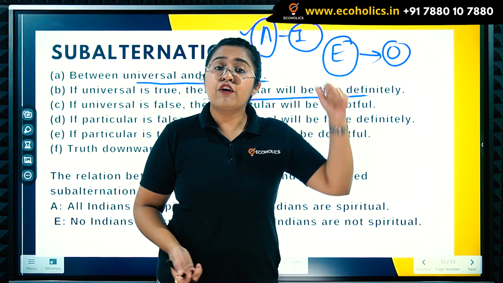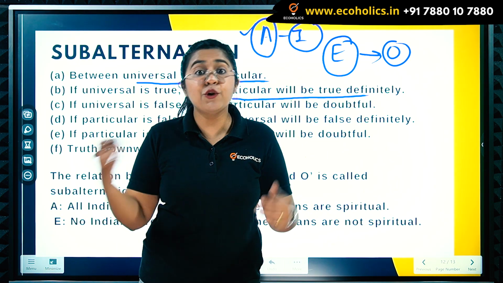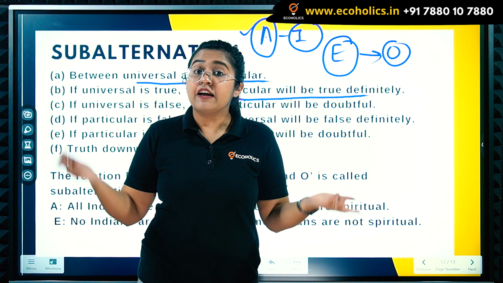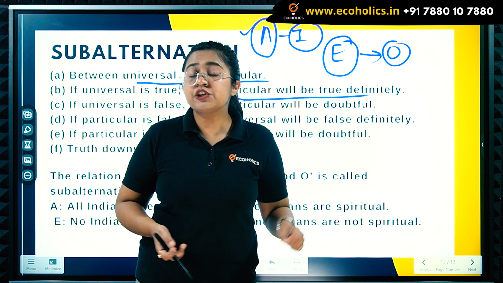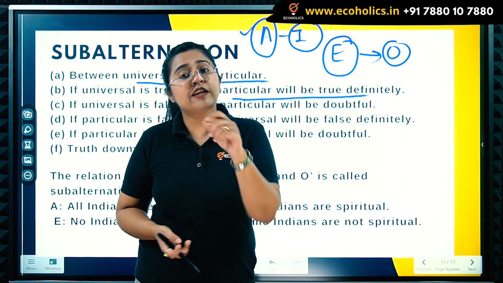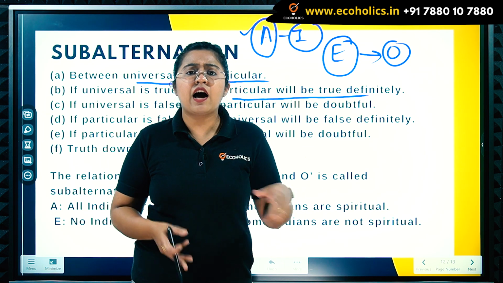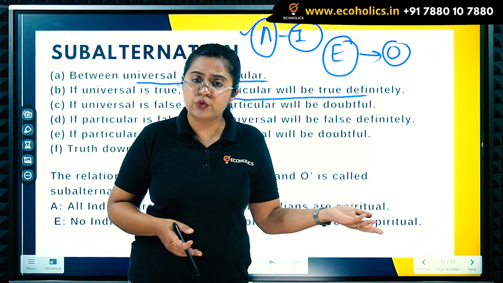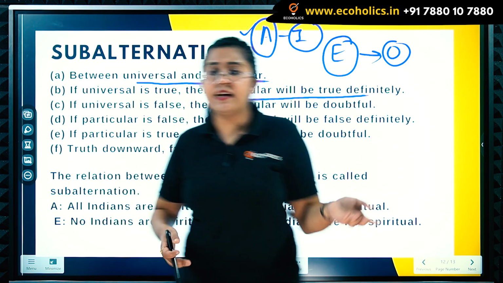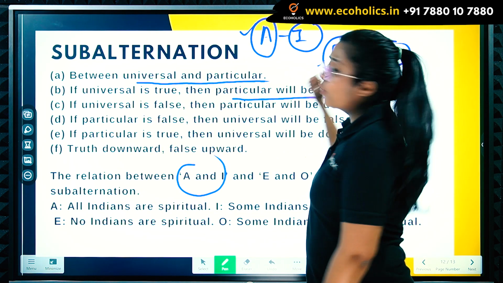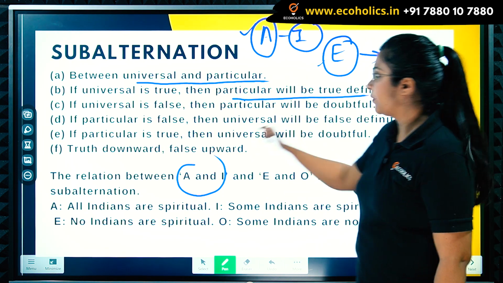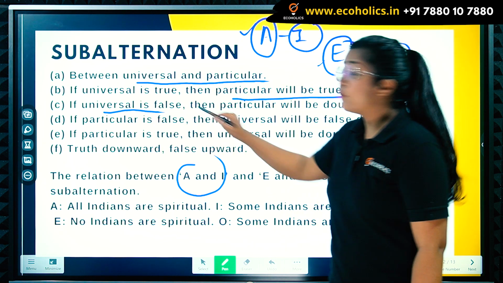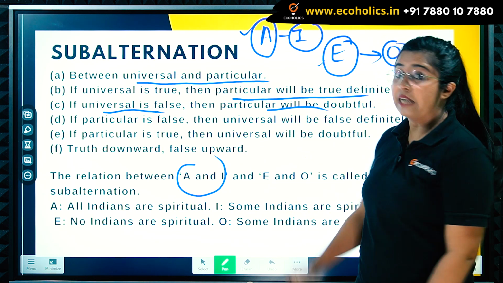Similarly, for the universally negative one, no dog is tall, the partially negative or partially exclusive statement, some dogs are not tall, is also going to be true. So it works for both universal statements, universally positive and universally negative. Then if universal is false, particular will be doubtful.